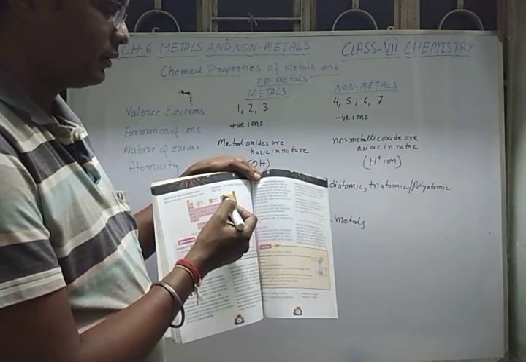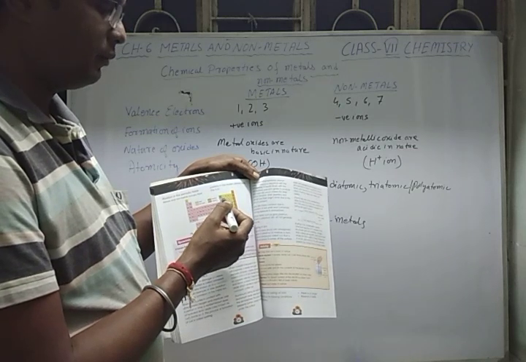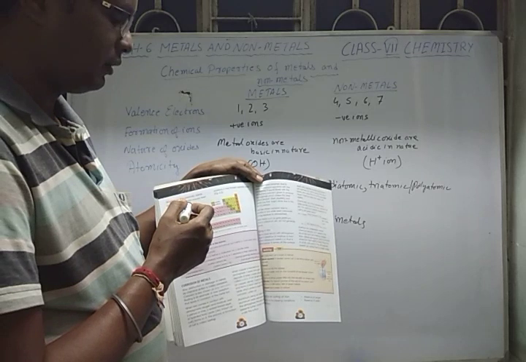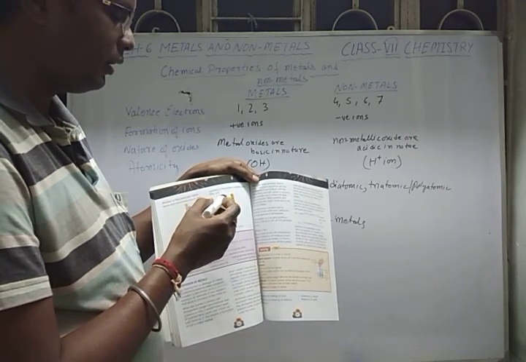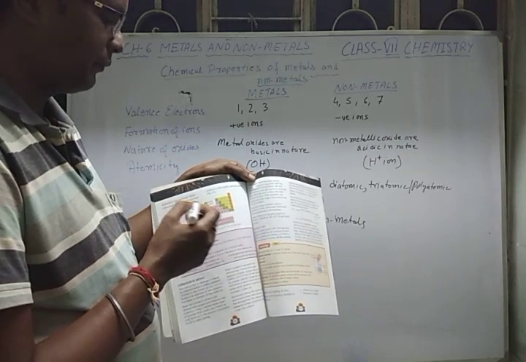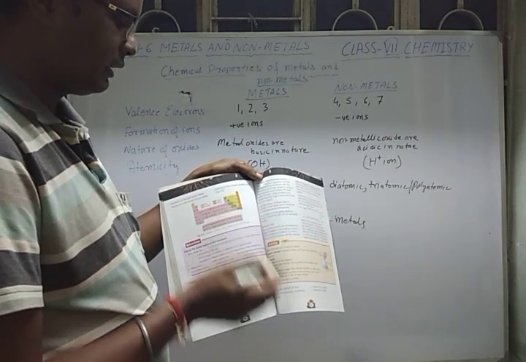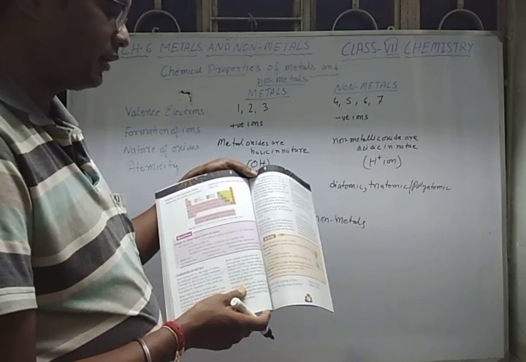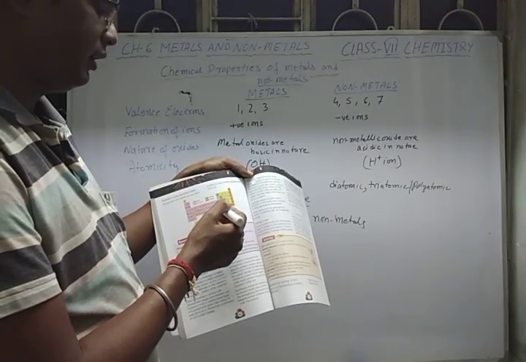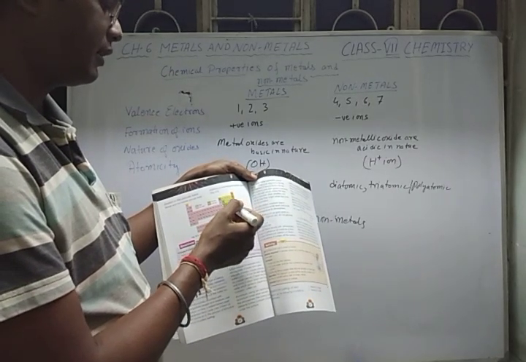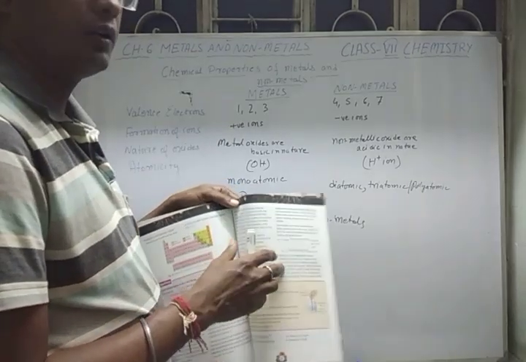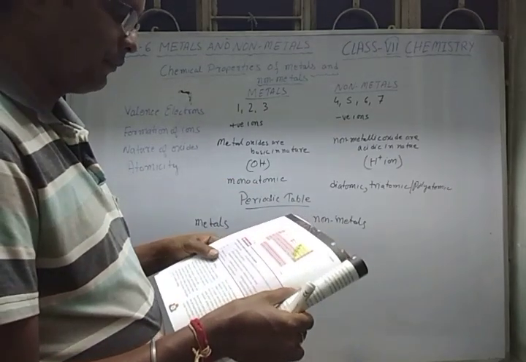The yellow portions are all non-metals, the green portion is mainly metalloids, and hydrogen is neither metal nor non-metal, it has a contradictory position. So on the left side of the periodic table you can see all the metals, and on the right side there are all non-metals, and the last group is noble gases.